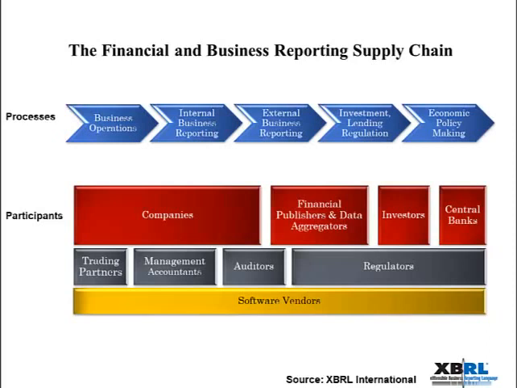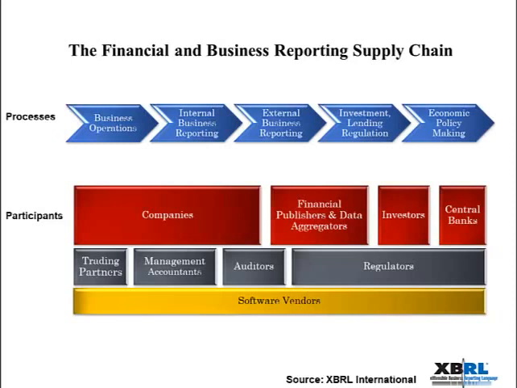Well, it's all companies who are traded on any of the United States stock exchanges. Other participants are financial publishers and data aggregators, and this would be companies like Value Line, Standard & Poor, Morningstar. All the investors, central banks, and corporate lenders.